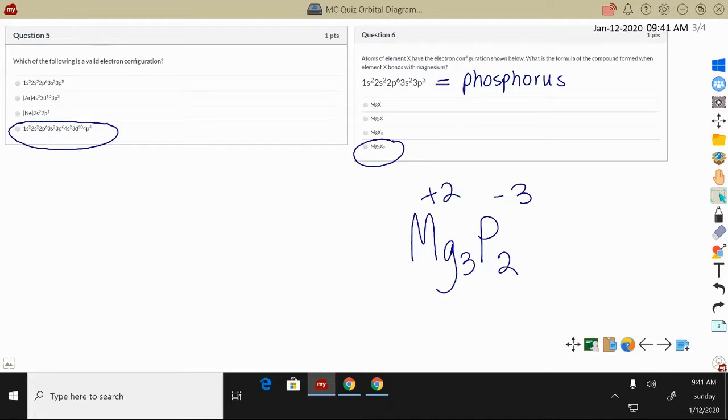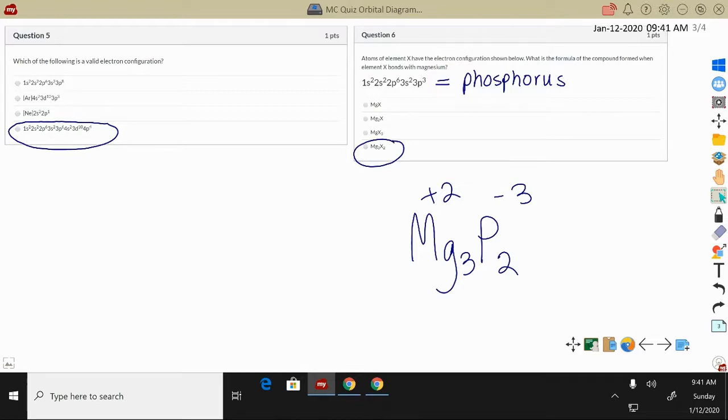Question 5 was a valid electron configuration. I would look for things like in the first choice, you can't have 8 electrons in a p orbital. In something like the second choice, just be careful when you go across that 4s2, 3d10, but then by gallium, you're back to the 4p, so if this one has 4p3, it must be arsenic.